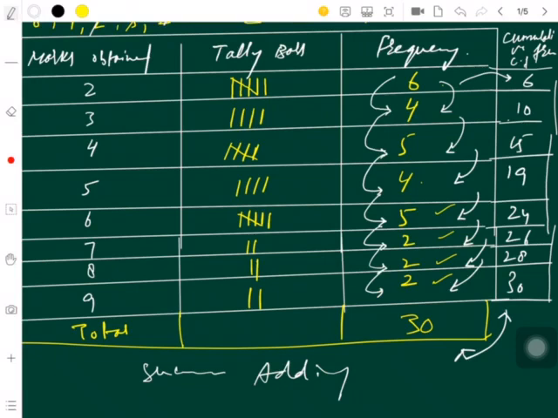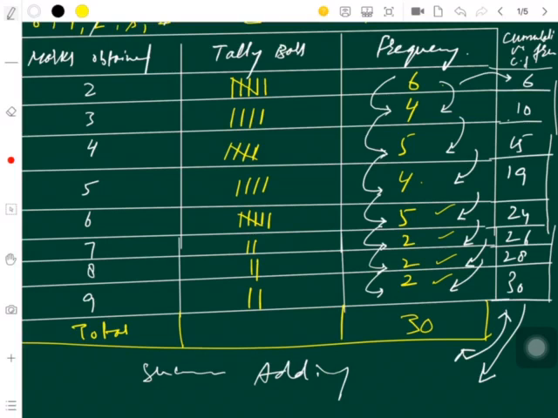And in more than cumulative frequency, the frequency is obtained by finding the cumulative total of frequencies starting from the highest value of the variable to the lowest level. That means reverse of it.